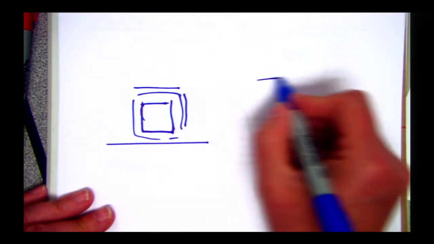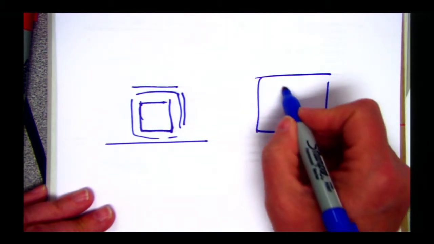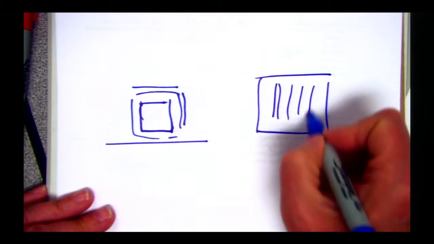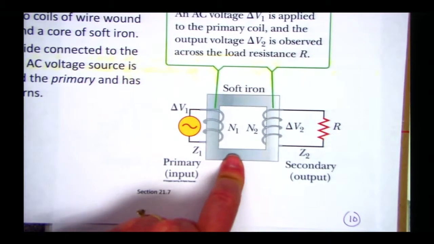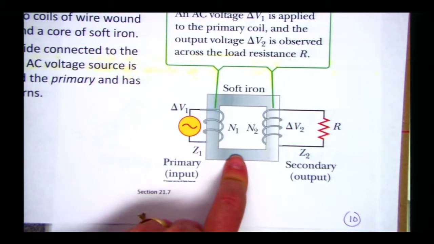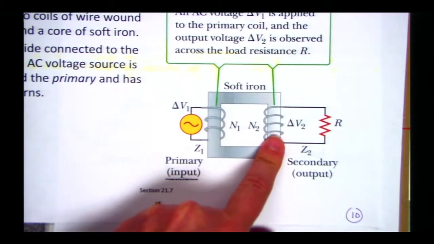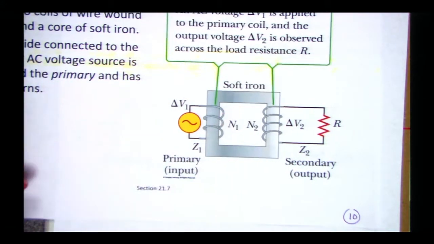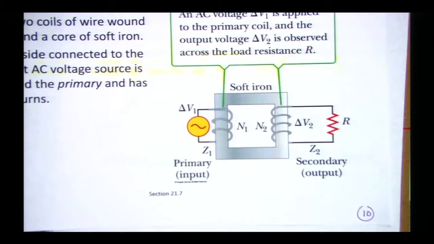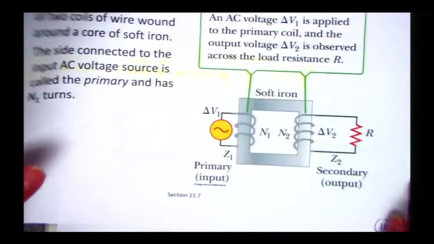The bigger ones usually look like this, and they've got fins on them. Basically, they have a big, large piece of iron that I can make an electromagnet out of, and I can step down and move it back and forth. So I can step up or step down, okay? So I can do it every which way.